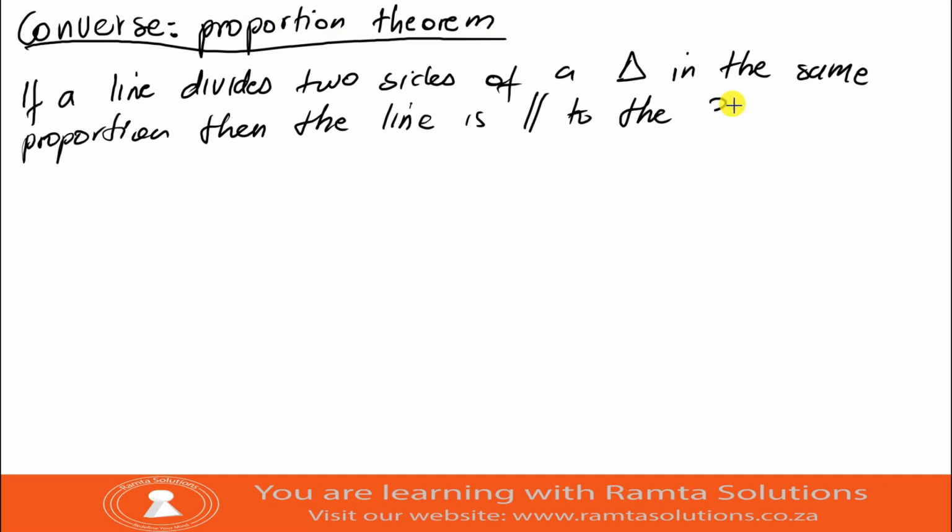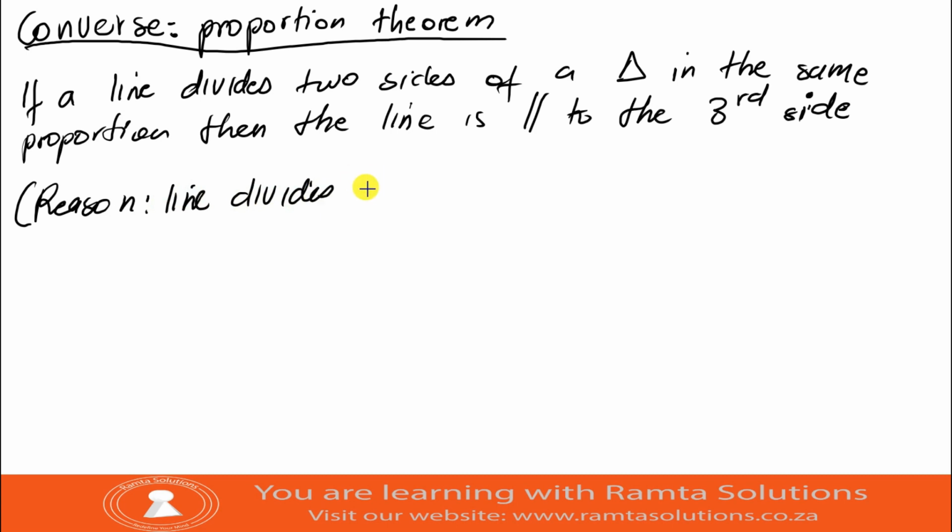Now when you give your reason when using this converse, you can say line divides sides in proportion. Or simply, you can say it's the converse of the proportion theorem.